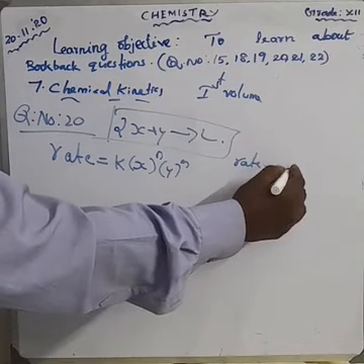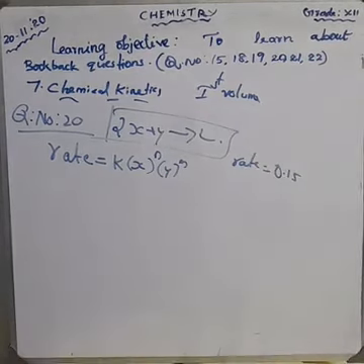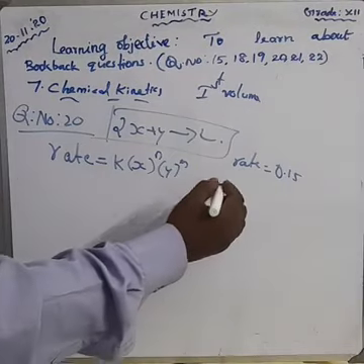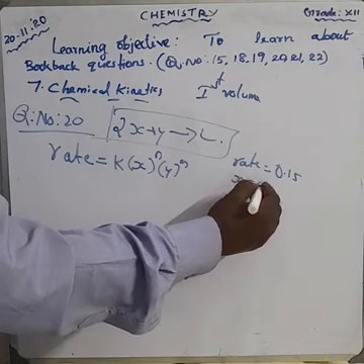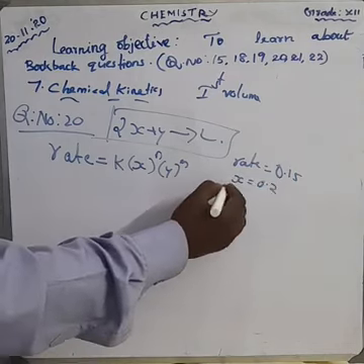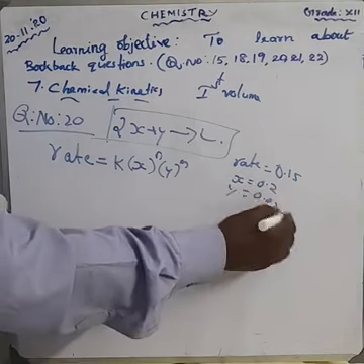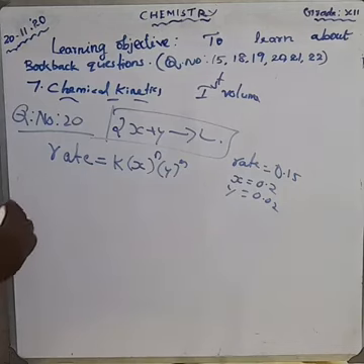Rate is given. Okay. Then the X value. What is the X value? X is equal to 0.2 and Y is equal to 0.02. So substitute here.